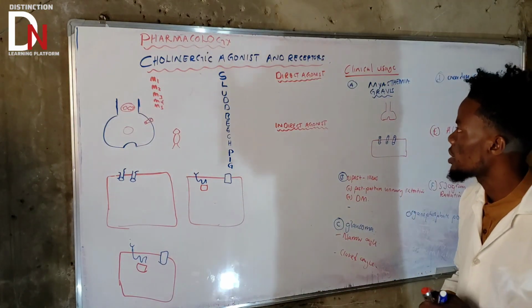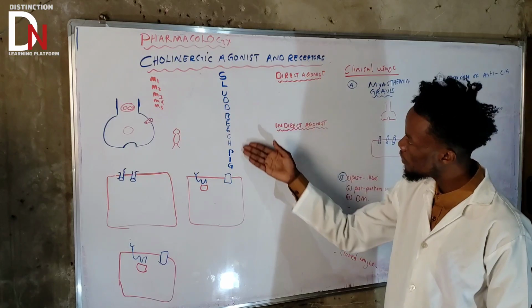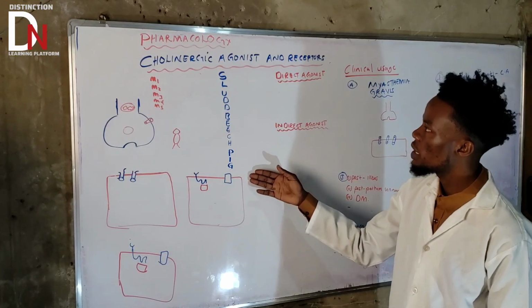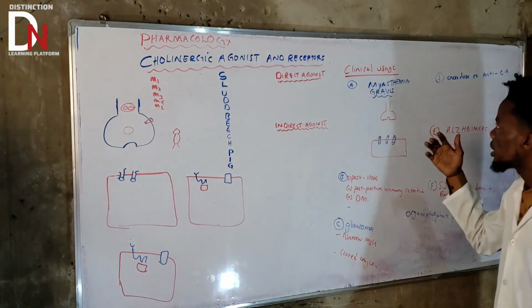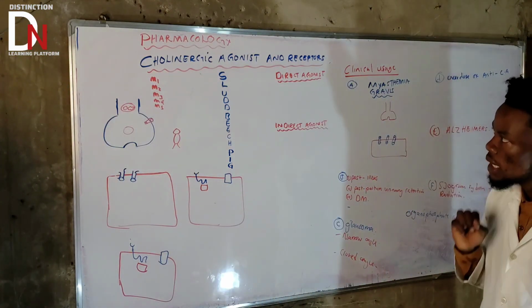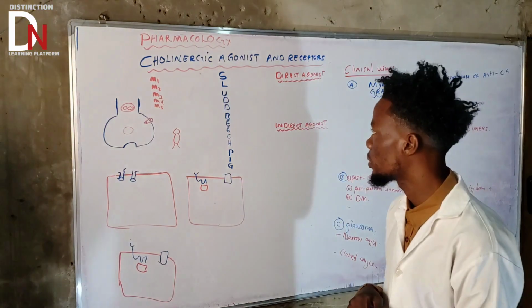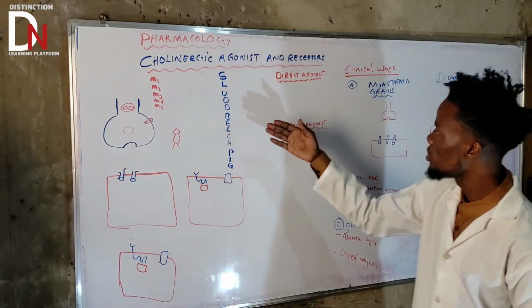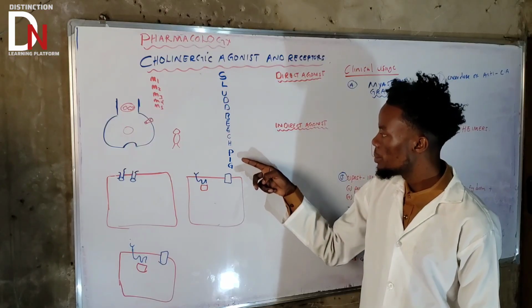By using a simple mnemonic. Because if you know the function of the parasympathetic nervous system, it will also tell you the clinical uses and the side effects of the drugs that we are going to talk about. Okay. So I've got this mnemonic, which is SLUDGE BEACH PIG.